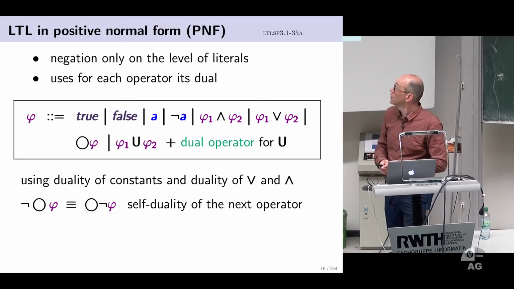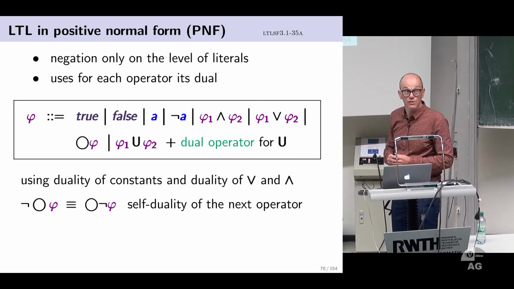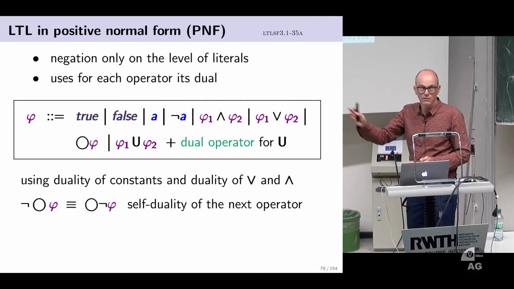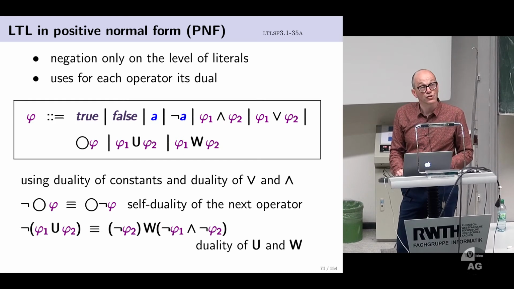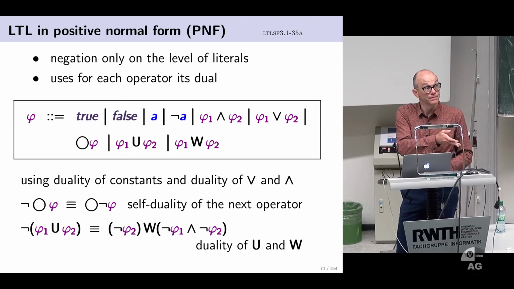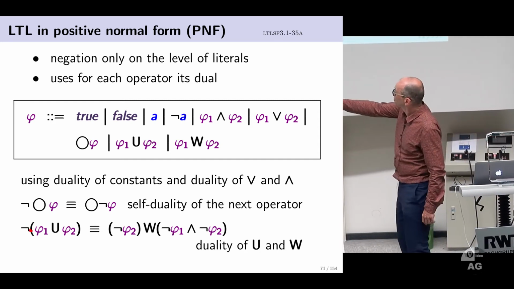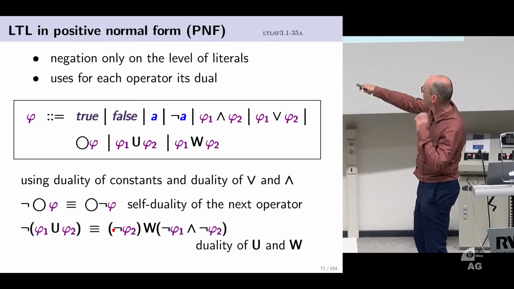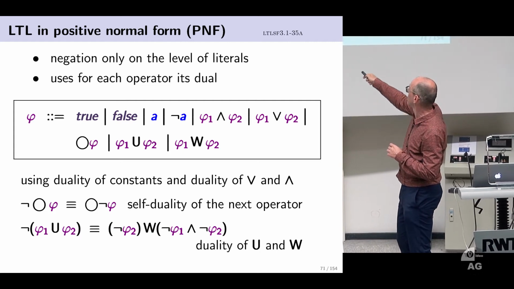So what about until? We need until, plus we need a dual operator for until, because syntactically we're not allowed to write down not (A until B). That's where we're going to use the W, because we have seen before that W is the negation of the until. So here we see this again expressed: not (phi 1 until phi 2) is equivalent to (phi 1 and not phi 2) W (not phi 1 and not phi 2).